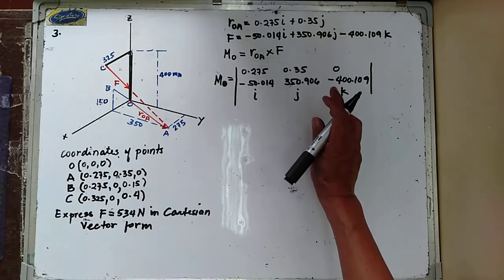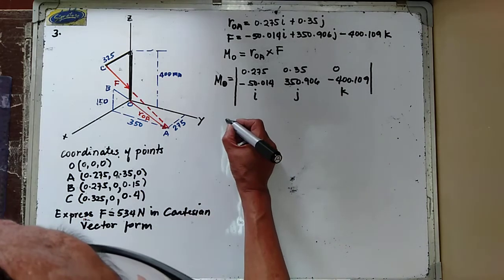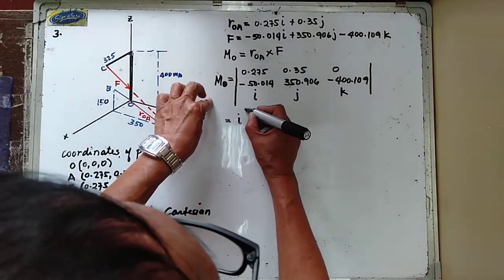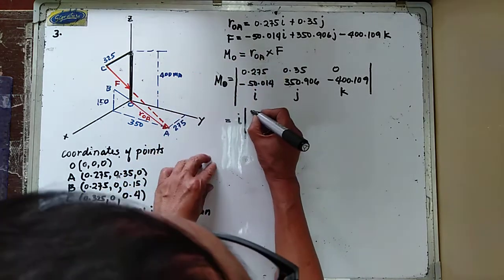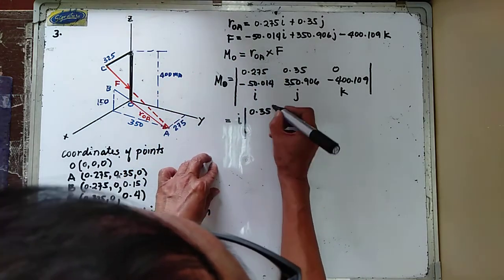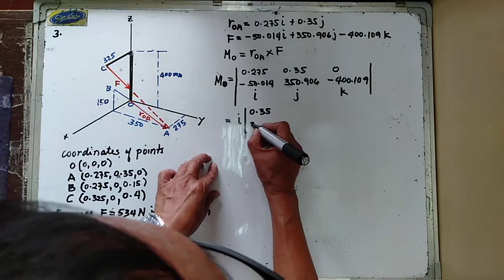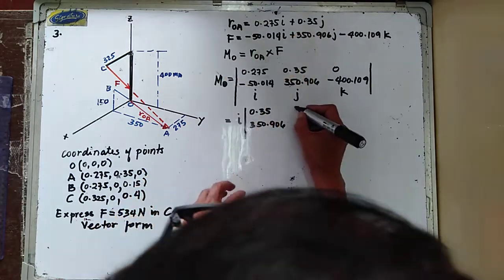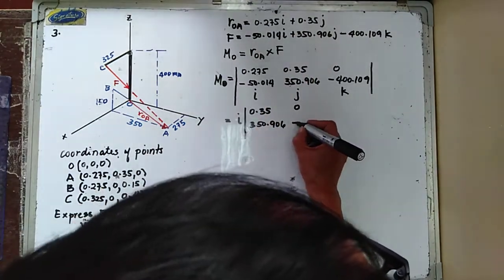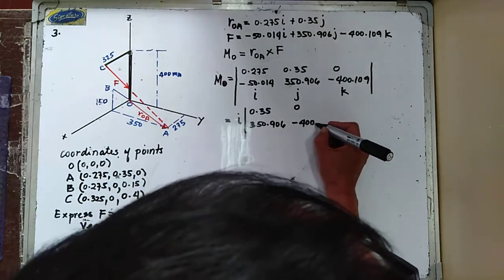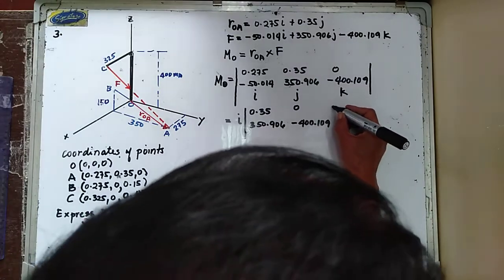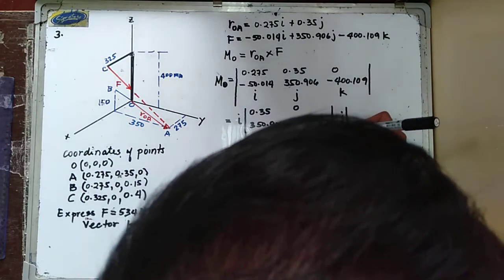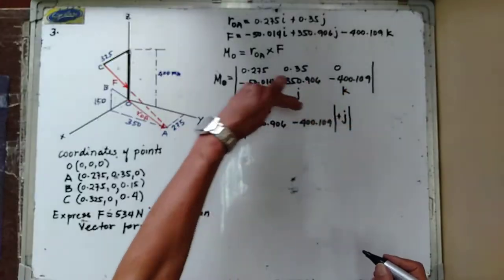Let us reduce this into second order determinants. Again for i, remove the row and column of i. What is left is 0.35, 350.906, 0, and negative 400.109. Plus, we have j. Again, remove the column and row of j.